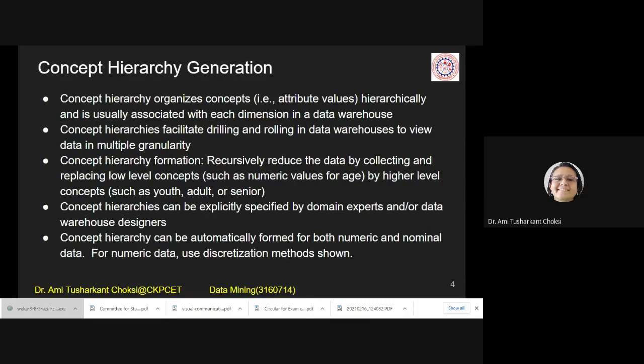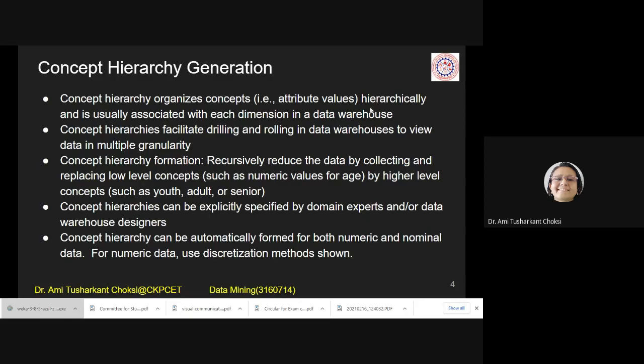Now, concept hierarchy generation, what is that? Concept hierarchy organizes concepts. Whatever concepts are there, concept hierarchy organizes them, right?